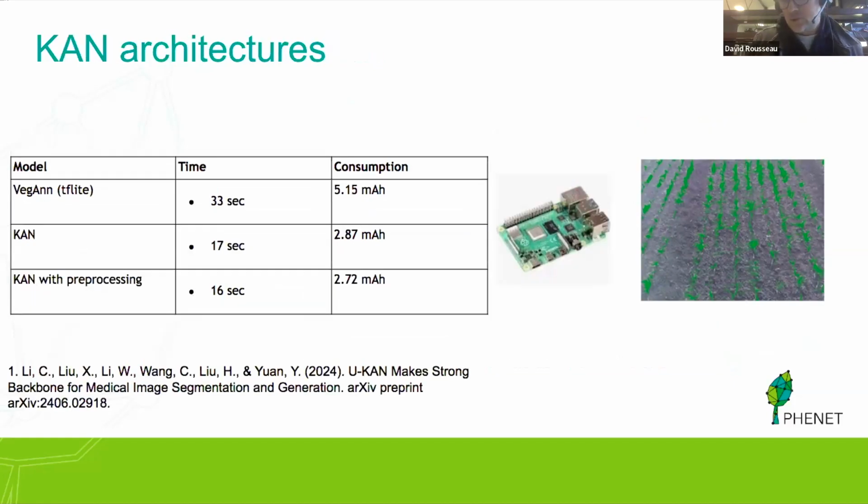Very recently, in 2024, there was a nice introduction of the so-called Kolmogorov-Arnold networks, a new architecture for neural networks, where instead of tuning the weights, meaning the synapses of the neural network, people tune what is called the activation function. So instead of taking a standard nonlinear activation function, the activation function parameters are what is learned, and it reaches a nice efficiency in terms of energy consumption and computation time.